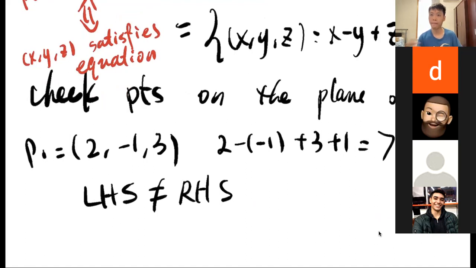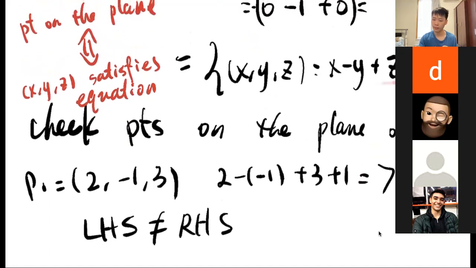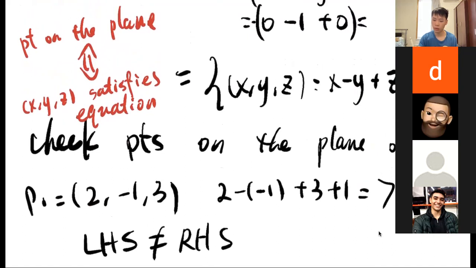Professor, I have a question. We're talking about the formula up there. So the X, Y, Z, is that an equal sign or is that a minus sign? Is it equal to X minus Y plus Z? So X comma Y comma Z, is that a subtraction sign or equal sign up there?